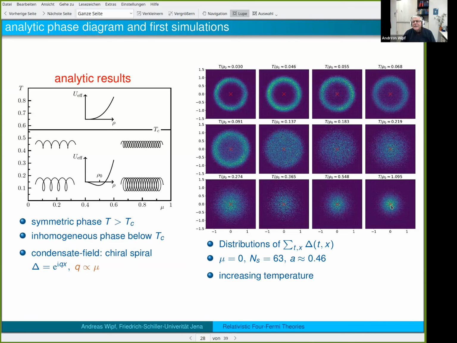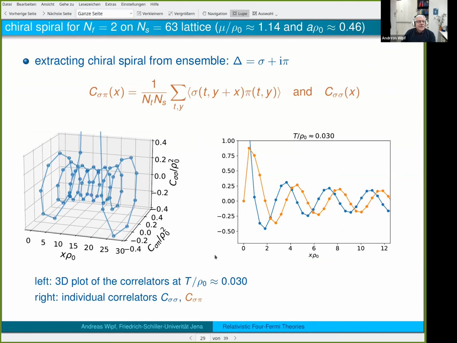Finally, the histogram shows that the fields are near the origin. So you would say here there's some sort of breaking, and on the right and down, that's a restored phase. This is just to guide your eyes. This is just a typical configuration.